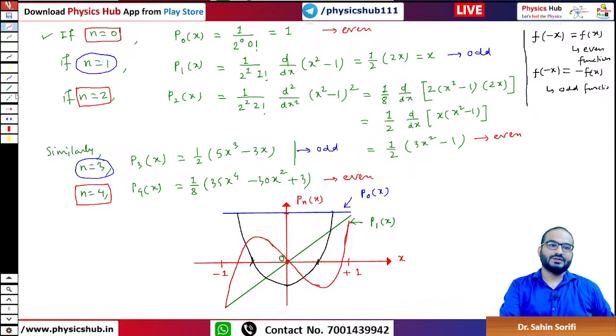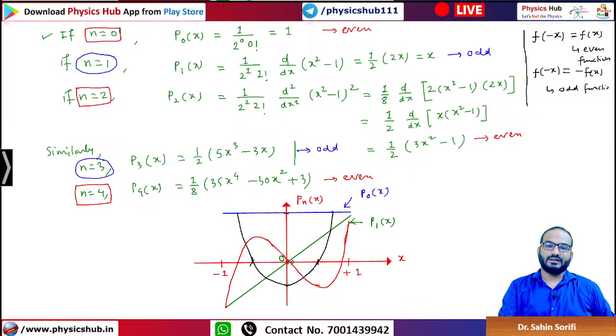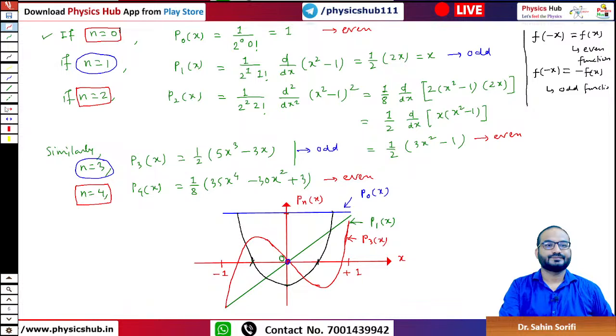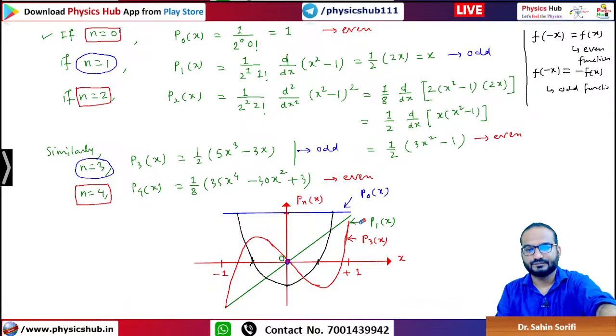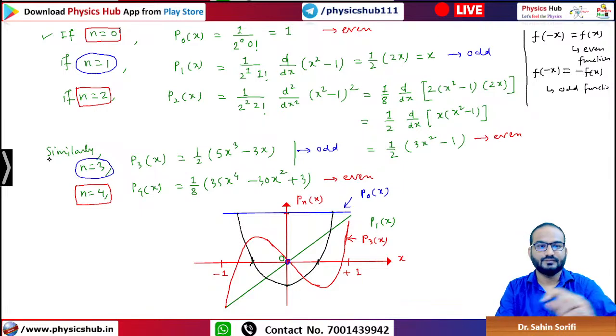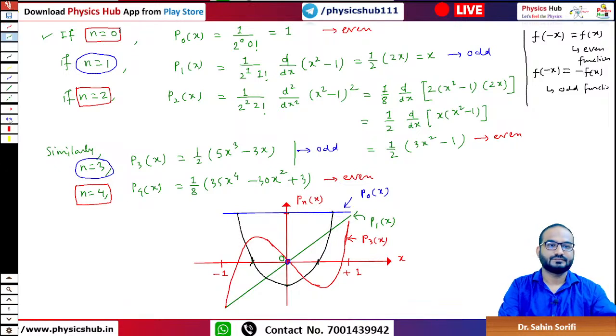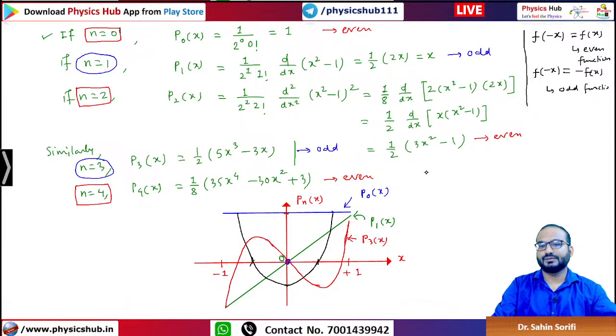Now some observation you can have that the odd function is passing through the origin, whether P1(x) or P3(x). So this one in red, it is P3(x). So a few notes you can write here.